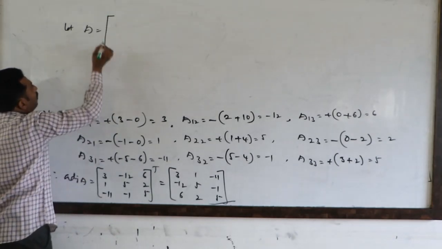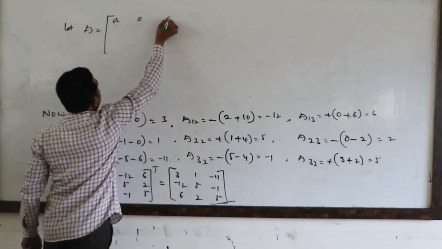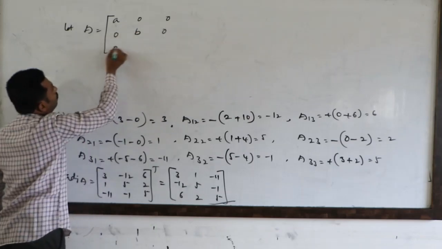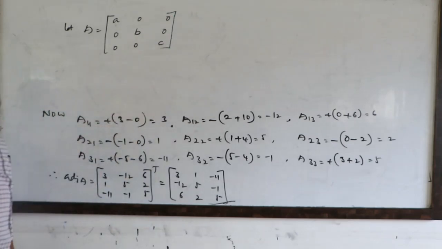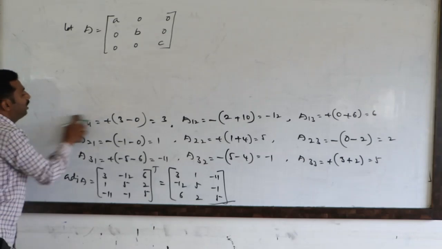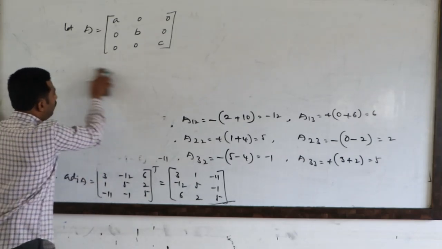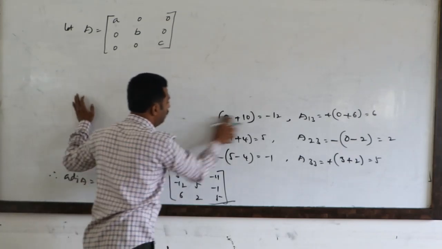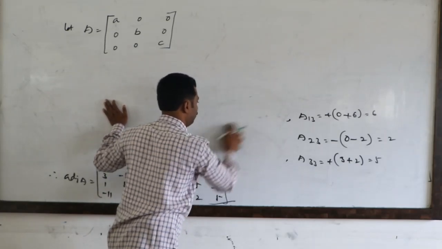Suppose this is the matrix, A 0 0, 0 B 0, 0 0 C. This is one diagonal matrix. What is the adjoint of A? How to calculate the adjoint of A? You can follow the previous procedure, or I will tell one step on how to write the answer directly. Listen.